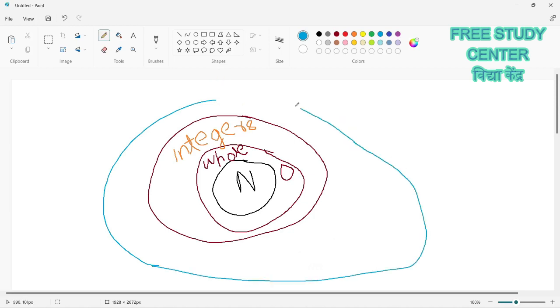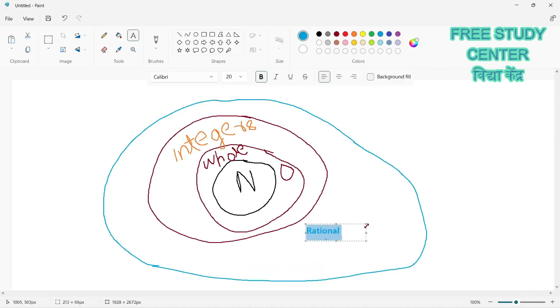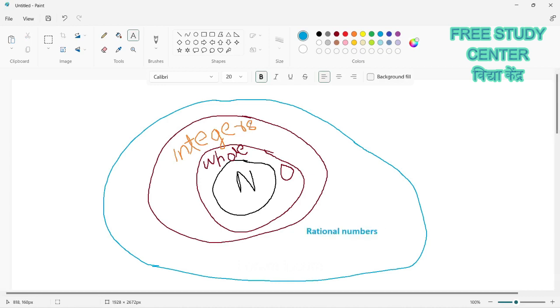First I started with the natural numbers, which start from 1 and go to infinity, and if we add 0 to the natural numbers, then it becomes the whole numbers.